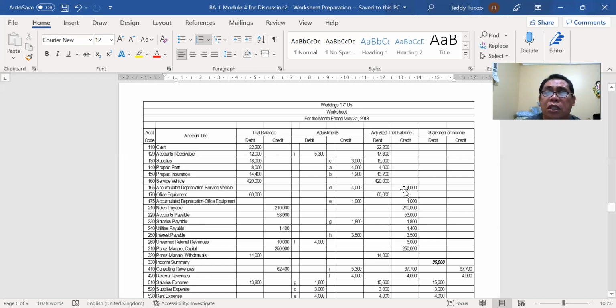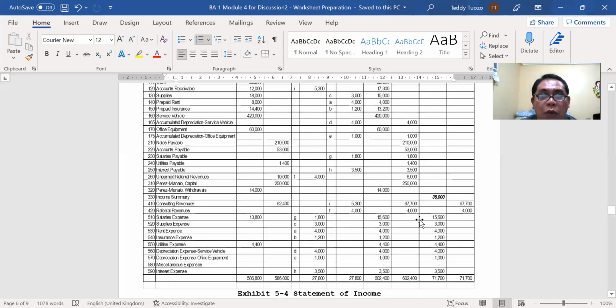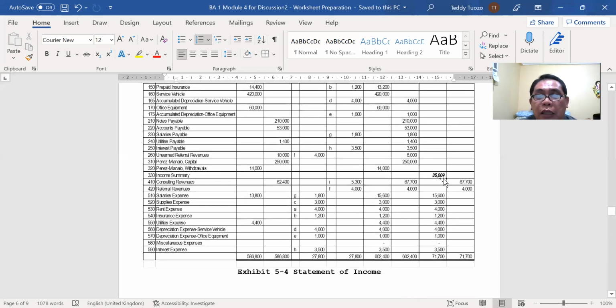Remember that the statement of income elements are income and expense. If we look, the 35,000 plus is already the computation of the difference, which is still blank there.